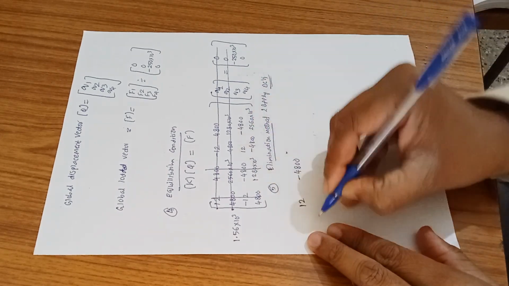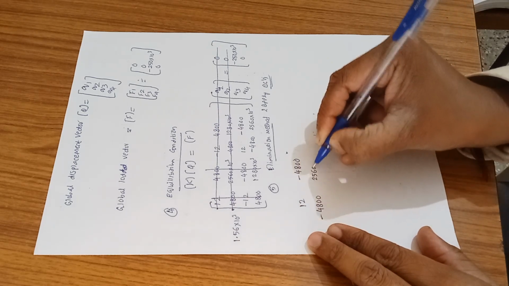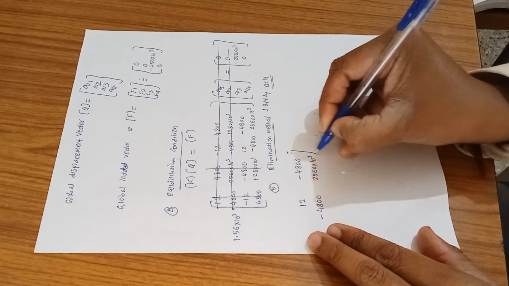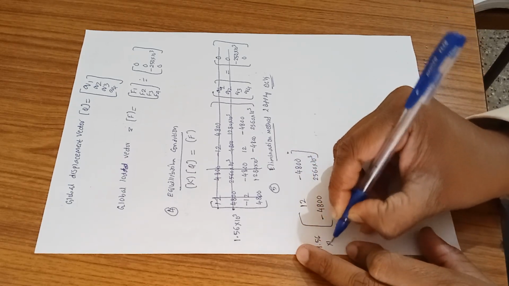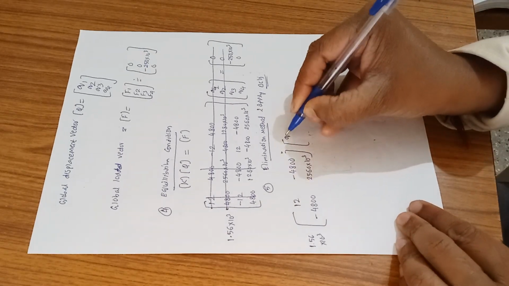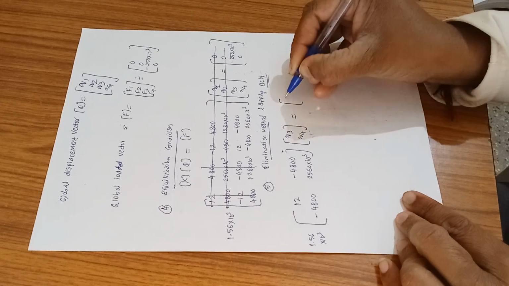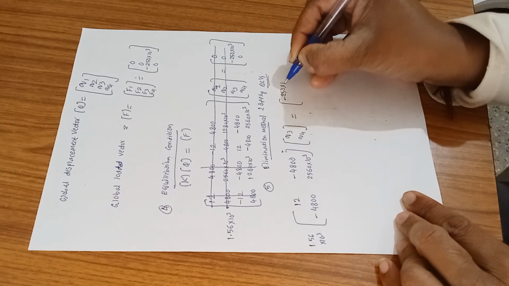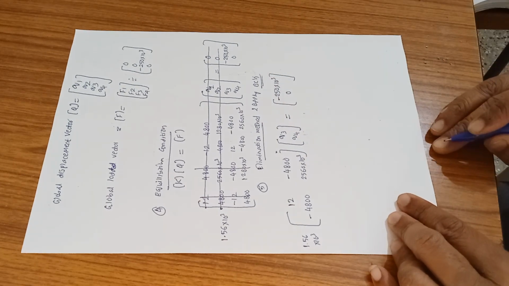So 12, minus 4800, minus 4800 and 2560 into 10 to the power of 3. So this 1.56 into 10 to the power of 3 will be retained as it is, and here q3 and q4 will be written, and here it is going to be minus 250 into 10 to the power of 3, and here it's going to be 0. So all these are going to be written.